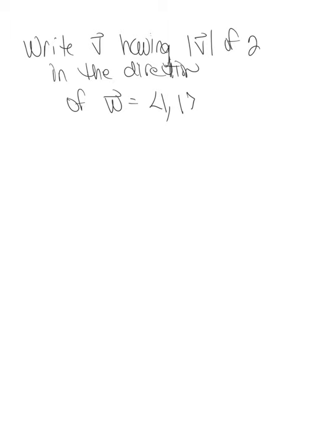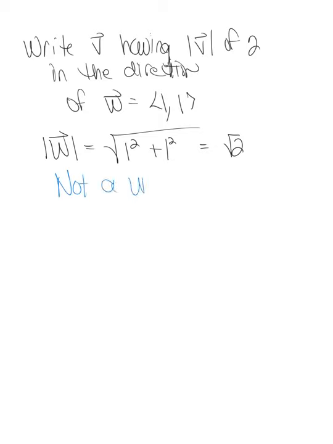Now remember, that formula only works if what you have is a unit vector. Well, let's determine if we have a unit vector, and we do that by taking the magnitude of w. The magnitude of w is the square root of each of the components squared, so it's the square root of 1 squared plus 1 squared, which is the square root of 2. This is not a unit vector.